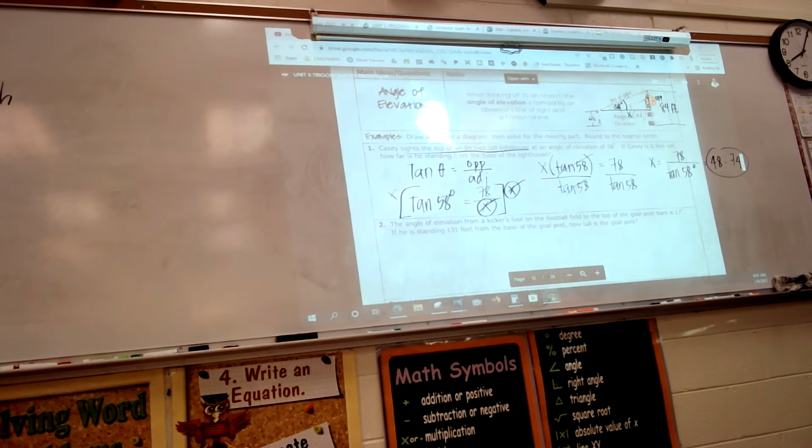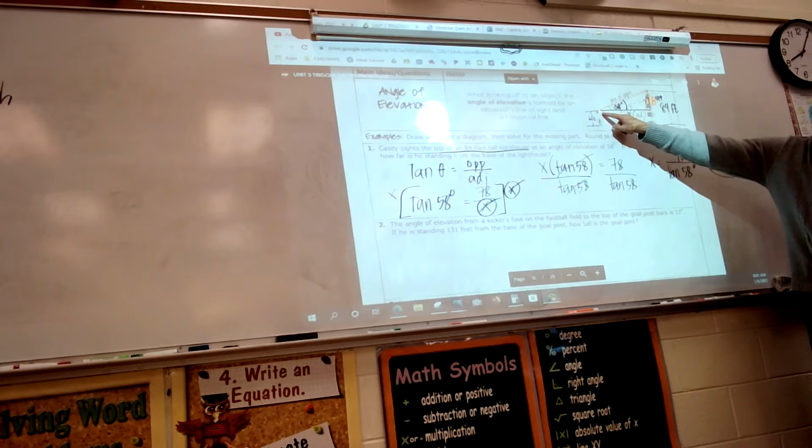Estamos mirando el ángulo de elevación, pero no desde los pies, sino desde su vista. ¿Por qué? Porque va a ser diferente. Tú no miras con los pies. Puedes ver los pies, pero no puedes ver con los pies.